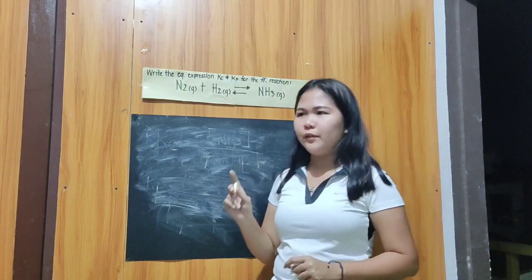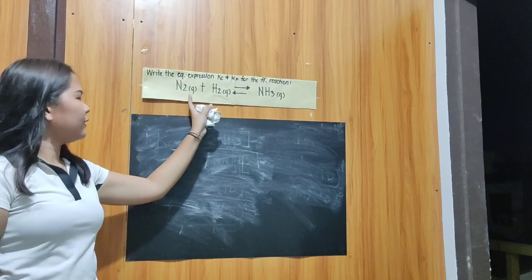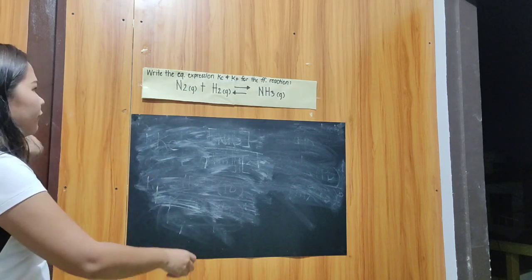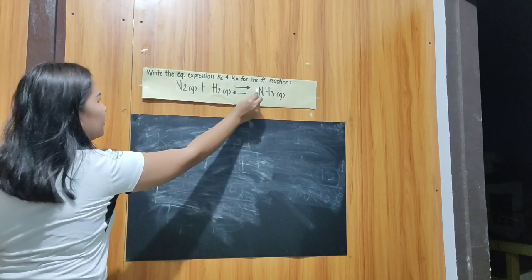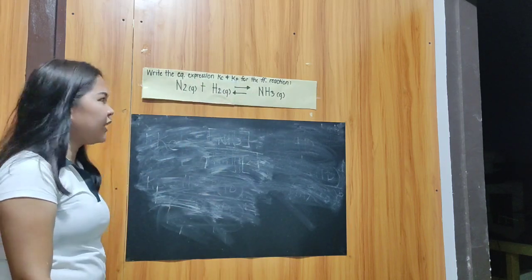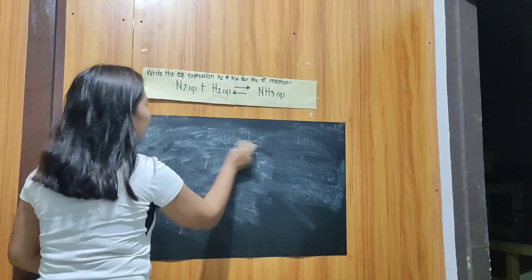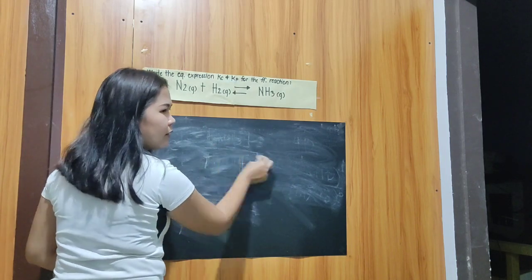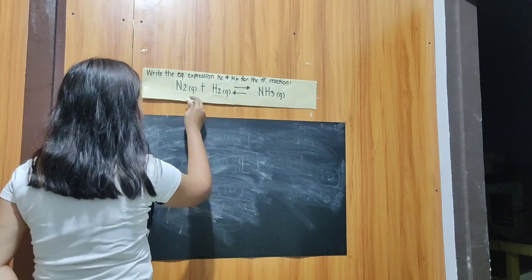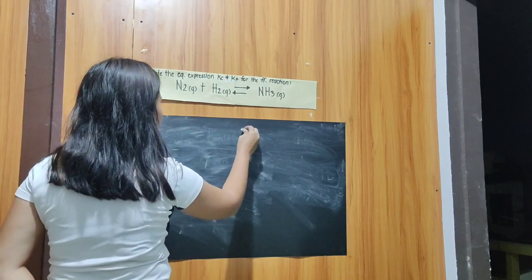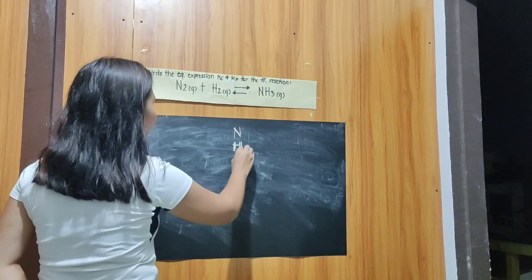So the first thing you always need to do is observe the substances. It's all gaseous. The second thing is to observe the coefficients. There are no coefficients. So what do we do? We need to balance. Let's find the hydrogen.